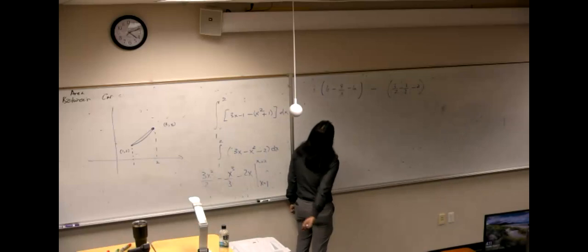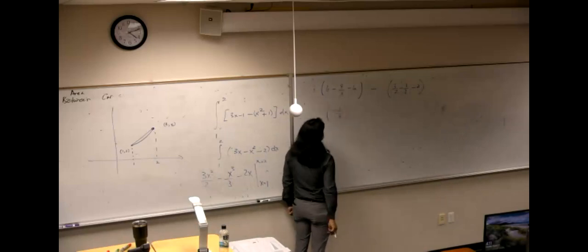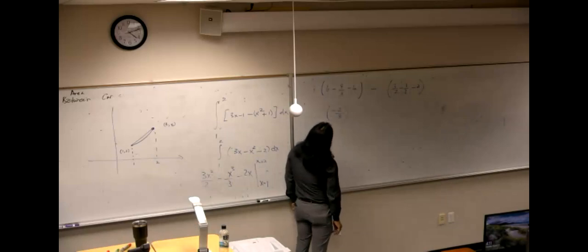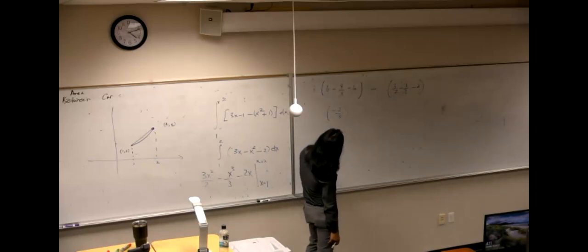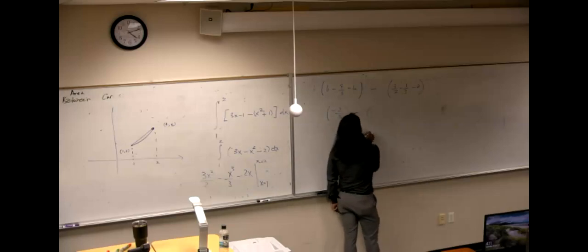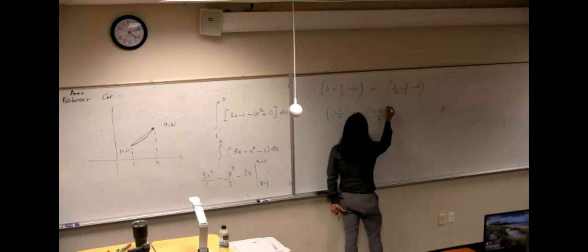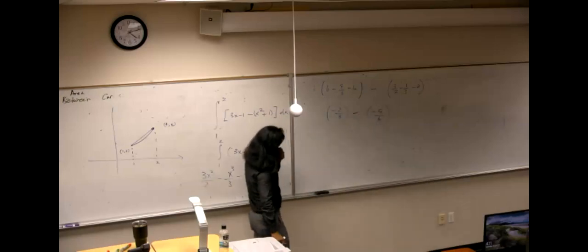Take the common denominator, it's negative 2 over 3 minus negative 5 over 6.